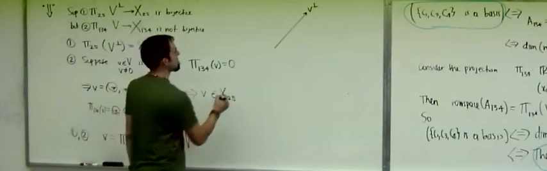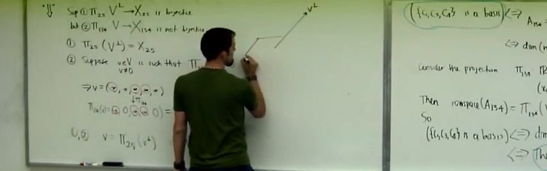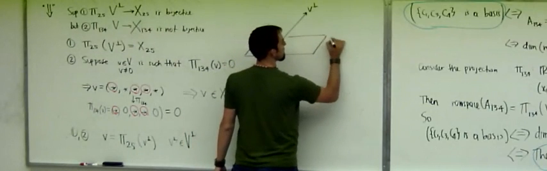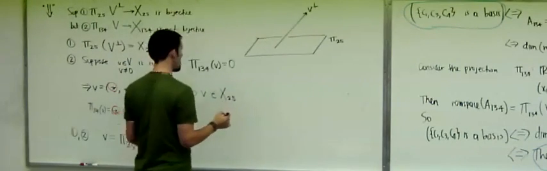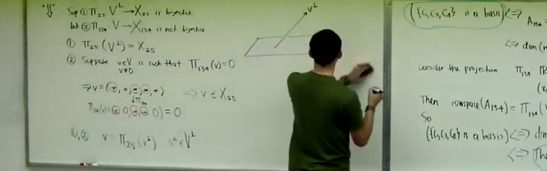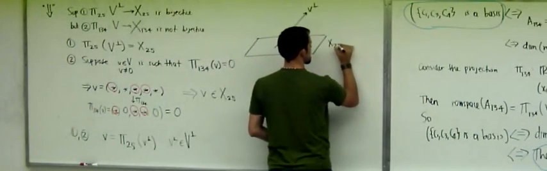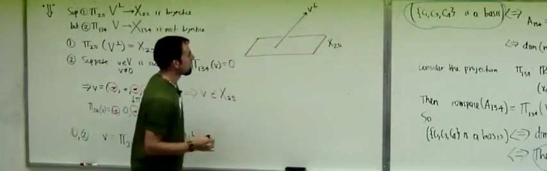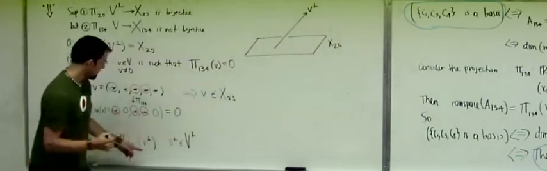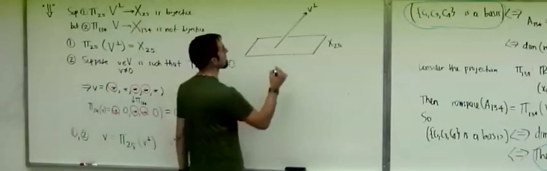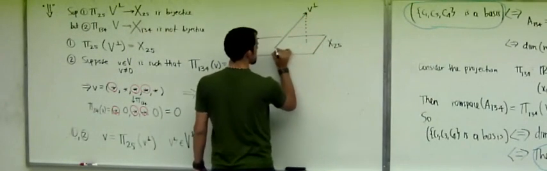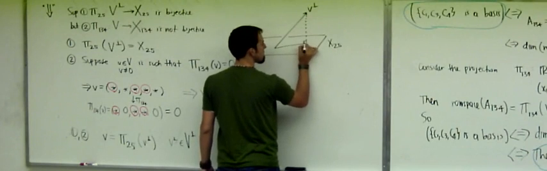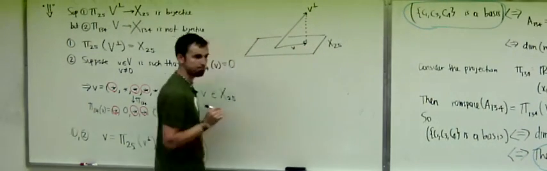Okay. Maybe here's the subspace pi. I mean, here's the subspace X_2,5. And what I showed is that this projection, if I project this guy onto here, this guy is V.